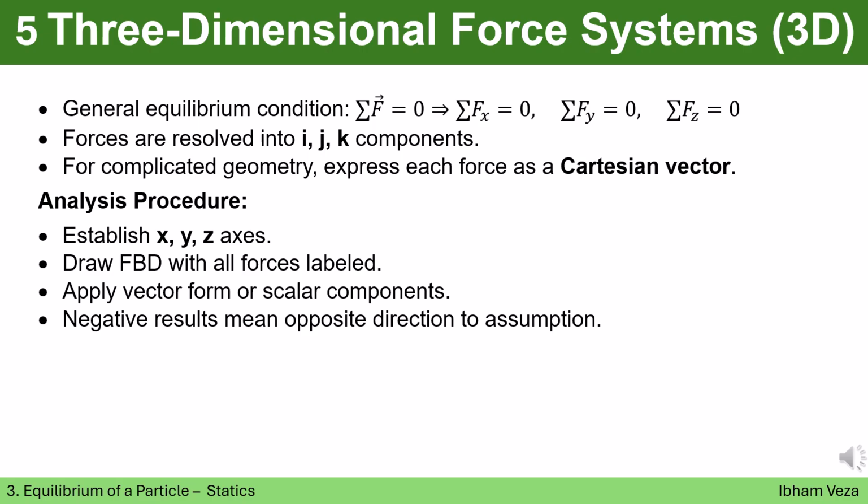Three-dimensional force systems, 3D. In three-dimensional force systems, forces can act in the x, y, and z directions. Therefore, equilibrium requires that the sums of force components in all three directions be zero. Complex force systems are often expressed using Cartesian vector notation with unit vectors i, j, and k.